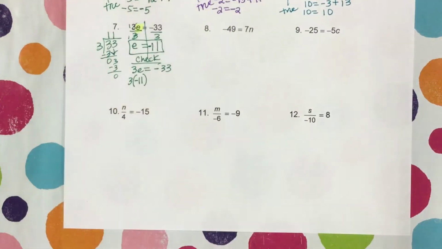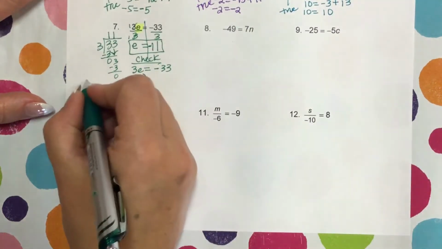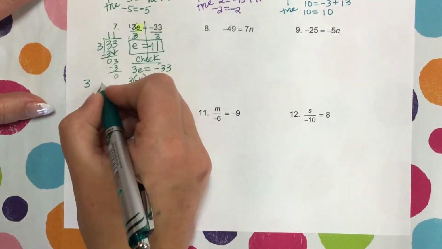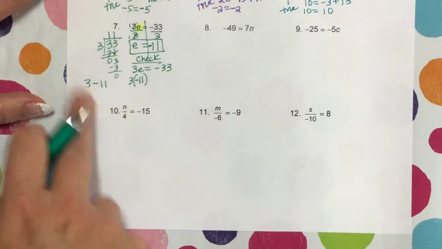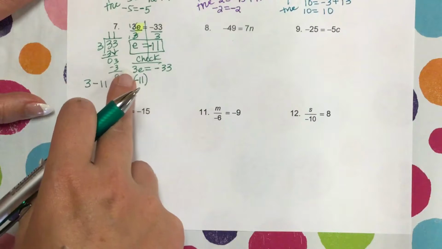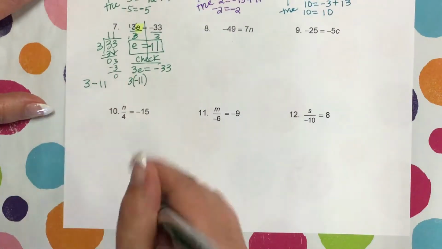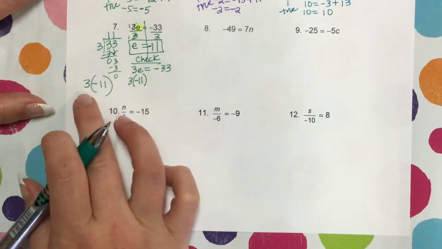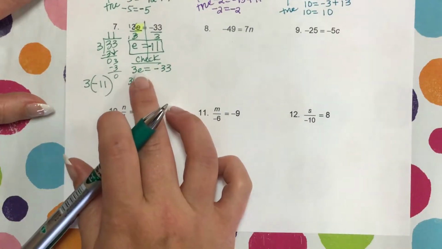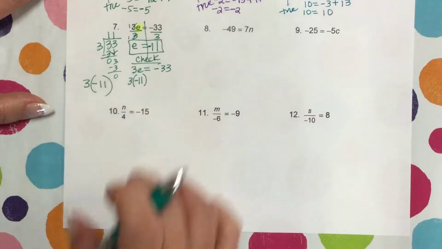If we don't put it in parentheses, it would look something like this: 3, and we put in the -11, and then you would read that as 3 minus 11, and that is not what's happening here. This is 3 multiplied by -11, so that's why we have to put the parentheses there, so we know that the operation between 3 and the number we're substituting in for e is actually multiplication.